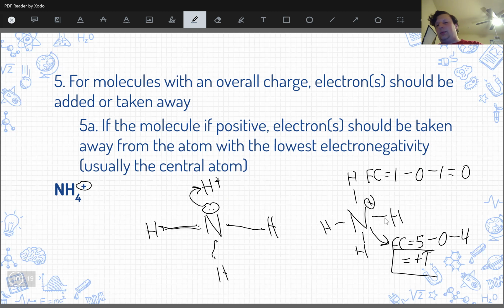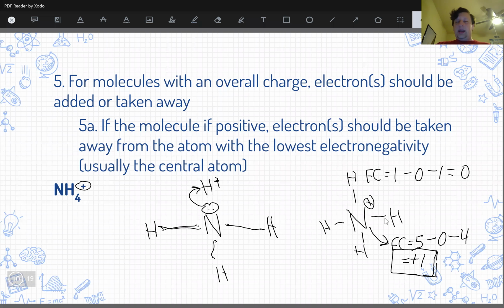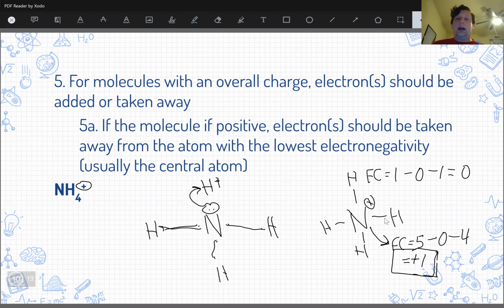So that's where that +1 came from at the start. That +1 was its formal charge. I just didn't give you a name for it yet. Now, this is the one exception that I could think of for that central atom being 0 charge. This is the one exception that I could think of.